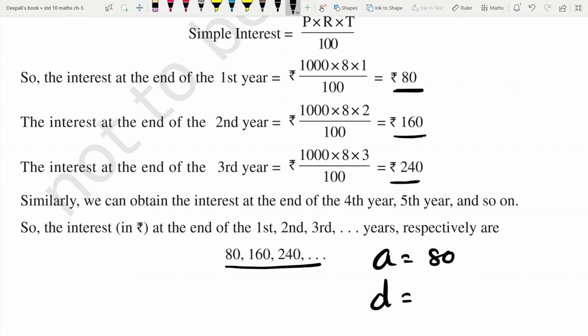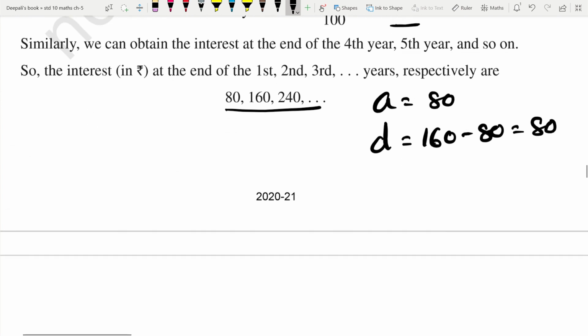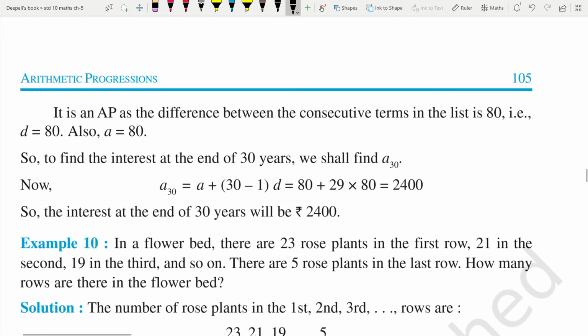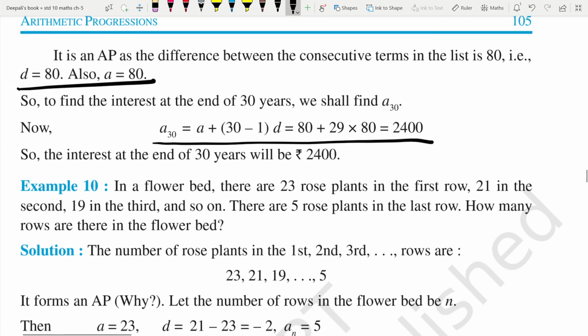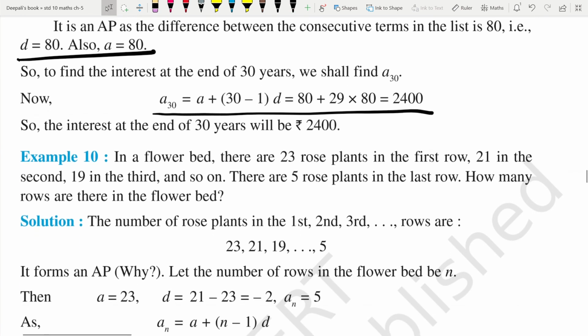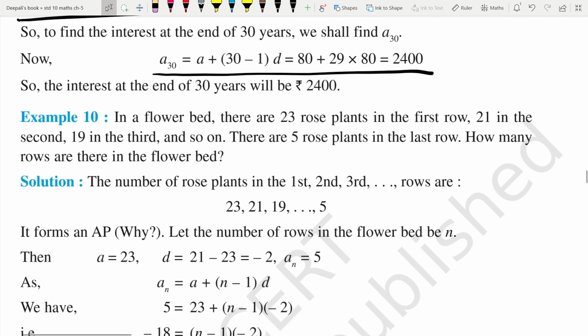I can find D from 160 minus 80, that is also 80. After finding my A and D, I can replace the value for A30 in the formula A plus (n minus 1) D. That will give me the answer 2400. So the interest at the end of 30 years will be 2400.